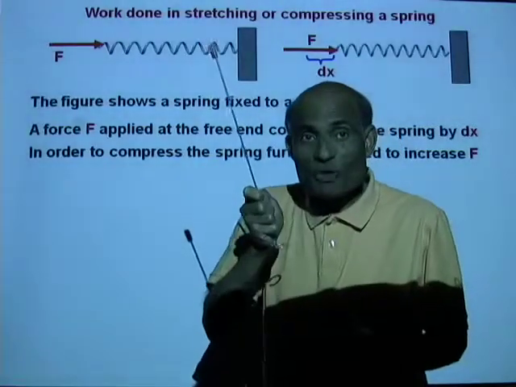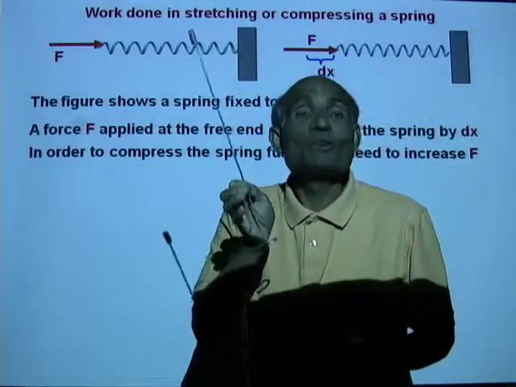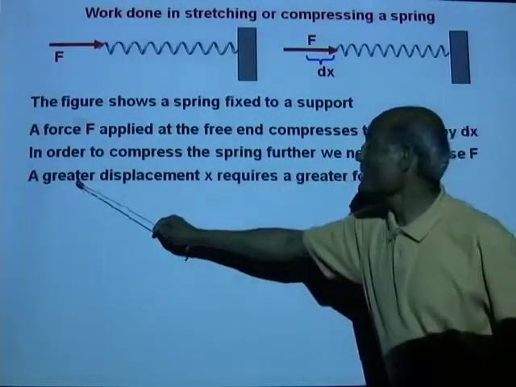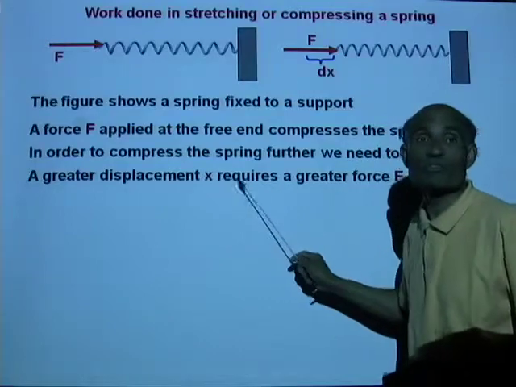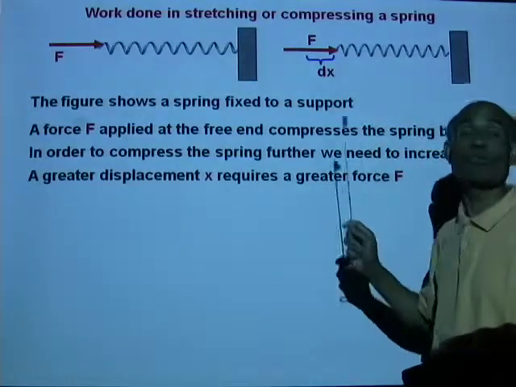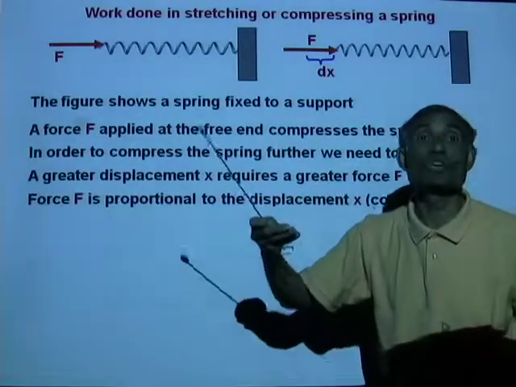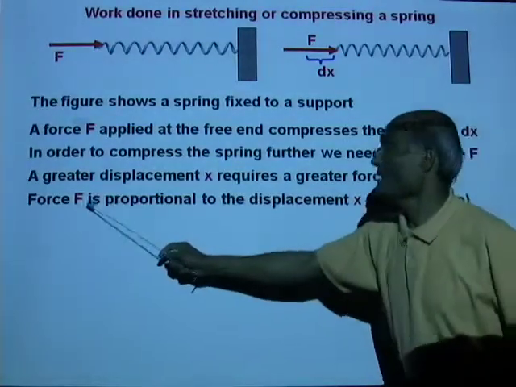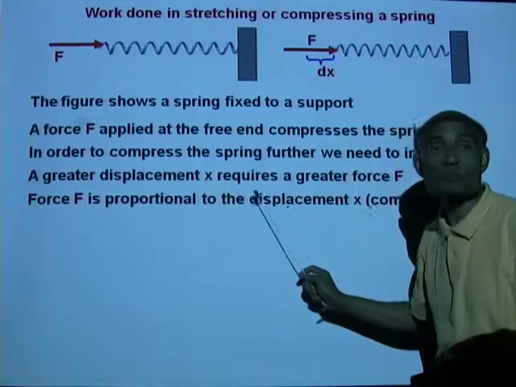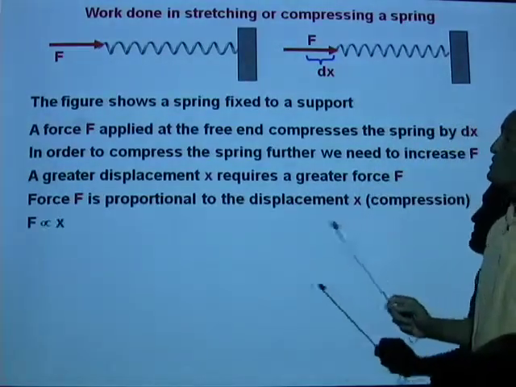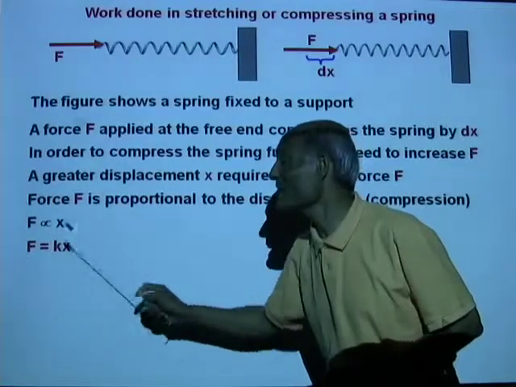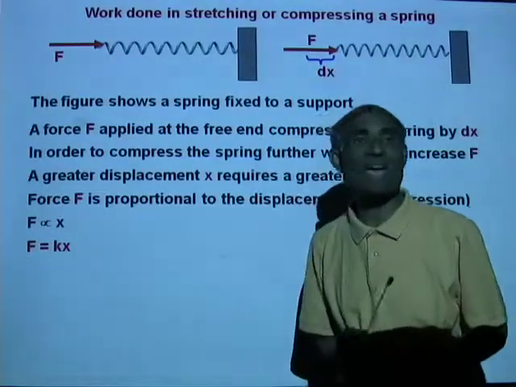As you compress the spring more and more, you need to apply more and more force. So a greater displacement x requires a greater force. That means the force keeps on increasing with the displacement, and we say the force F is proportional to the displacement. I can write it as F equals kx.